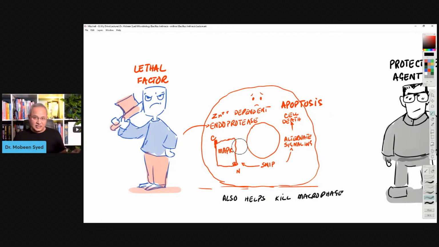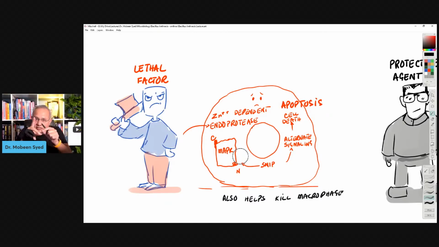And what this lethal factor does, see, it is holding this little cleaver. It takes this protein, MAPK, and remember, lethal factor is a protease. It breaks proteins. It takes this protein and breaks its N-terminal. Remember, all proteins have a C-terminal or carboxy terminal and a nitrogen terminal or N-terminal.